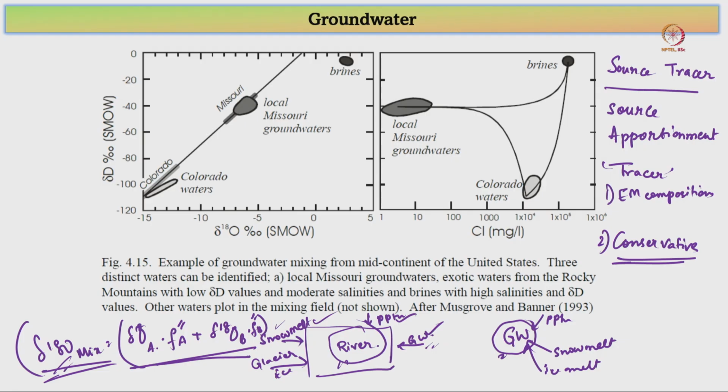But if I do not have that kind of conservative signature, it is extremely difficult to see which is the source. Okay. In this regard, delta 18O is an extremely good conservative tracer. That means it does not interact with the biological or other processes at low temperatures, at earth's surface temperatures, around 15 to 20 degrees centigrade.